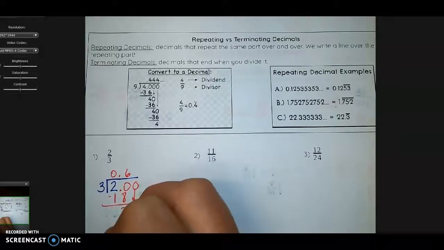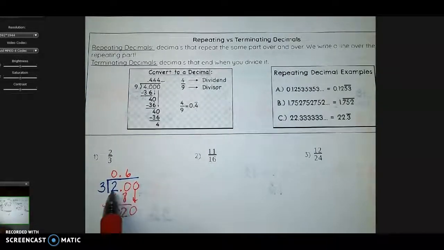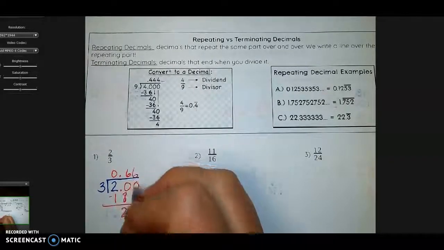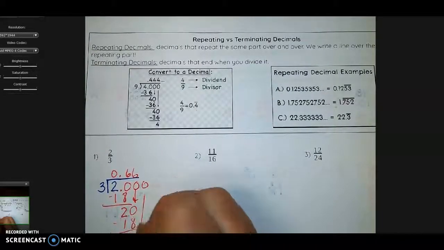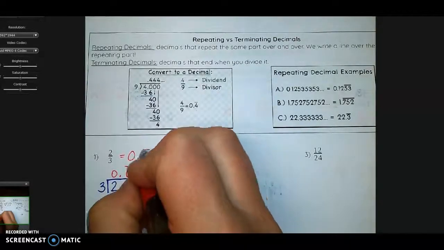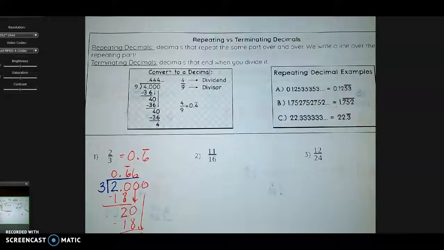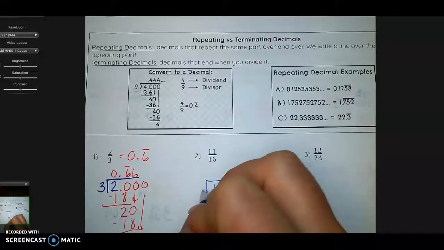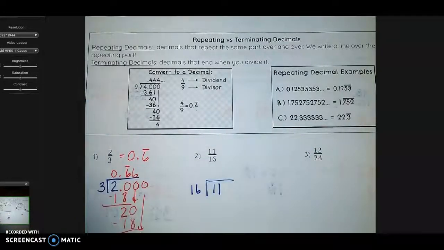I'm like, oh, look, 20, 20. It's going to keep going on. Doesn't matter how many times I do it. That is a repeating decimal, and that's what repeats. So it's 0.6 repeating.